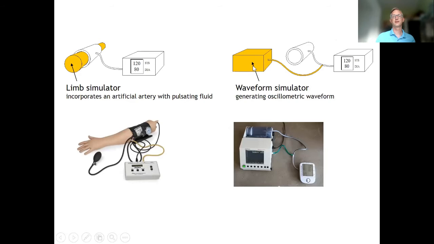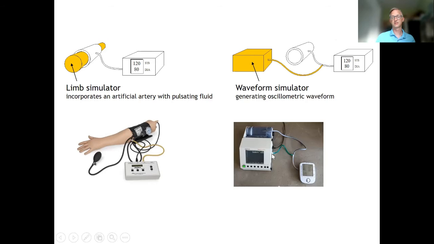Usually we can find two types of patient simulators. The patient simulator is the yellow artifact here. One type is the limb simulator, which just simulates a human limb, the upper arm. And the other one is the waveform simulator.